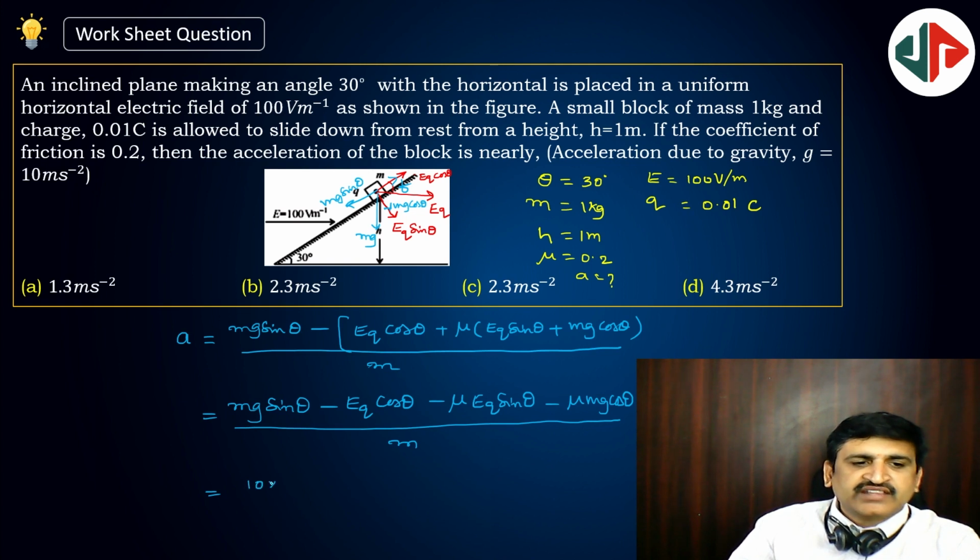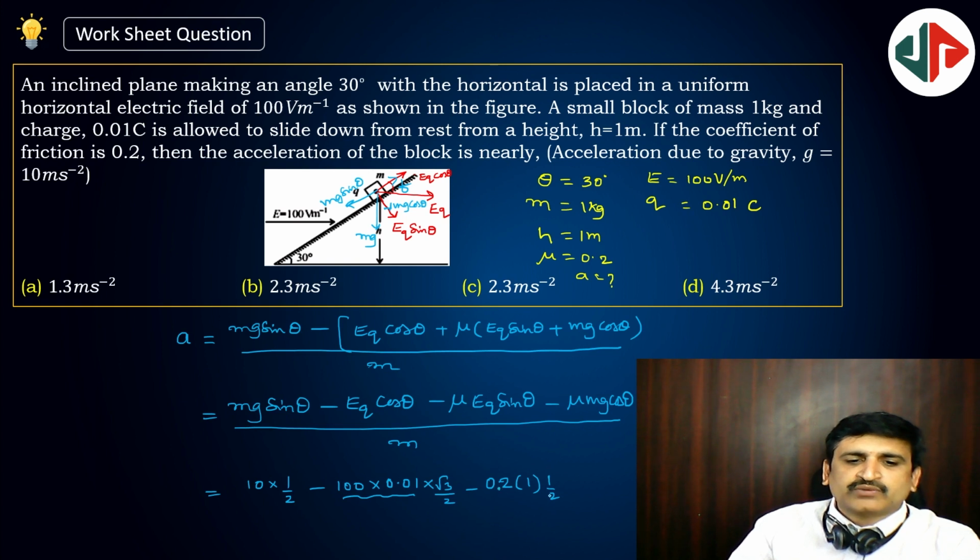10 into sin 30, 1 by 2, minus E value 100, Q value 0.01, easy numbers, into root 3 by 2, minus mu value. I don't want to waste time after substitution. You can simplify fast. 0.2 into this value will be 1 only, because this total value is 1, sin theta 1 by 2 only.